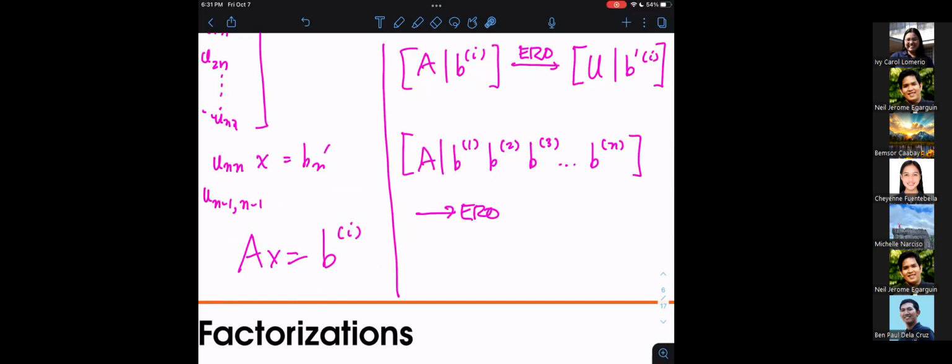Pero there's one problem there. Paano kapag yung B upper I's ay hindi kagad available sa atin all at once? Maybe B upper 1 is available to us, but B upper 2 is something that we only get after doing something on the parameters that we have obtained from B upper 1. Okay? So ibig sabihin parang iterative process siya.